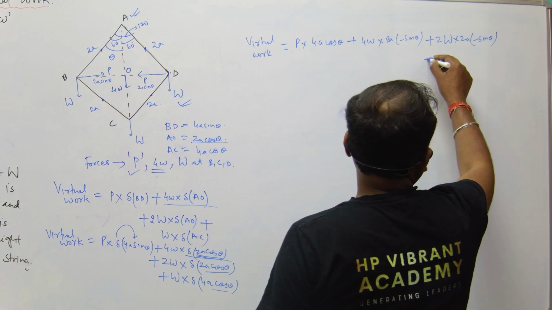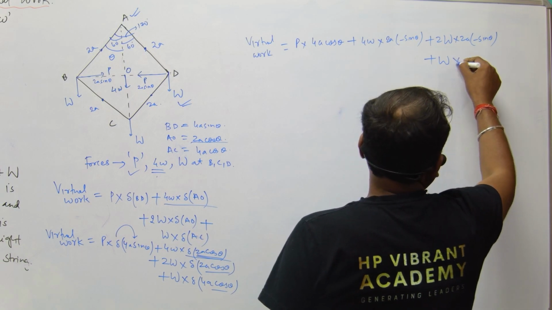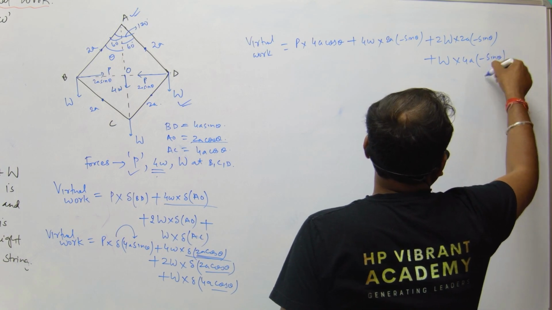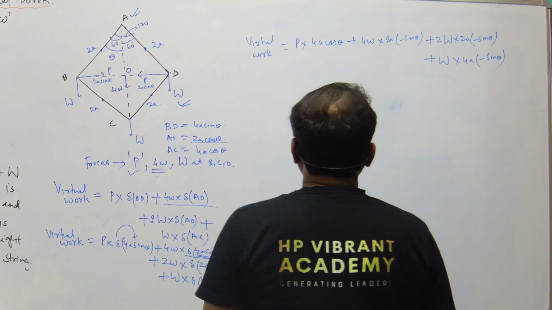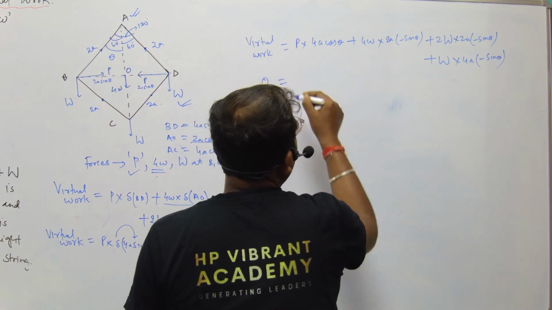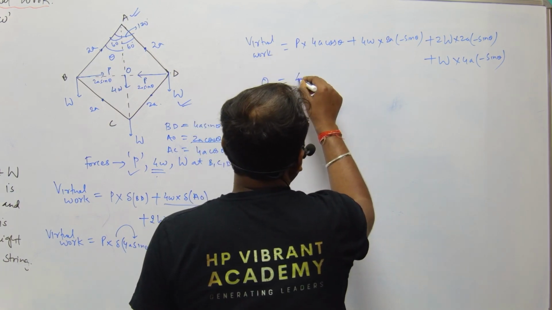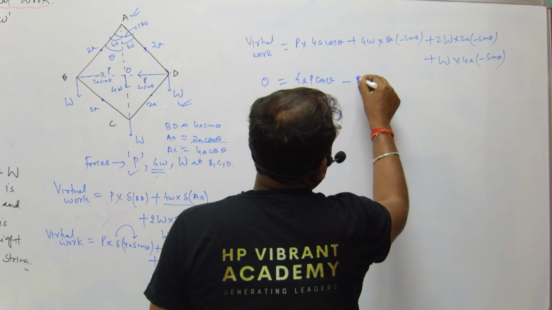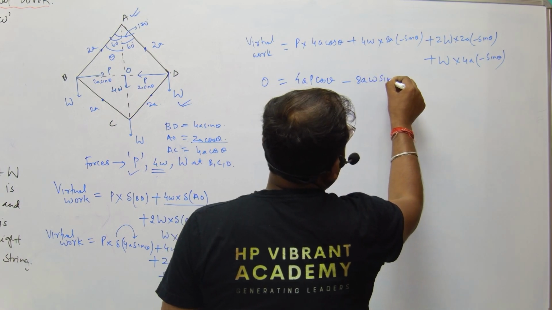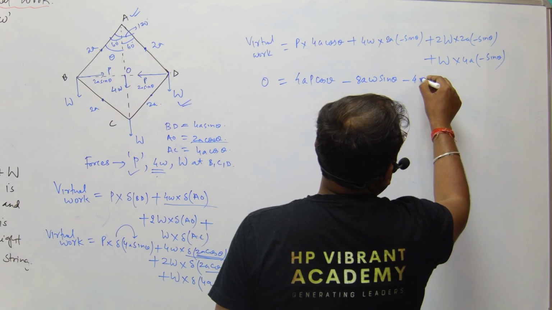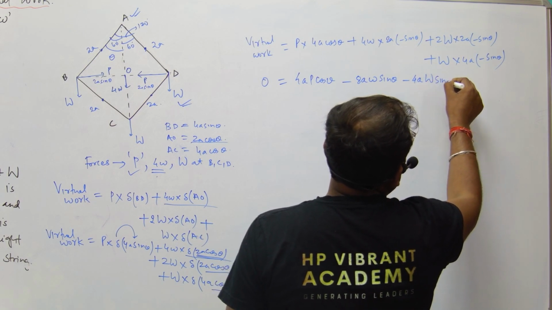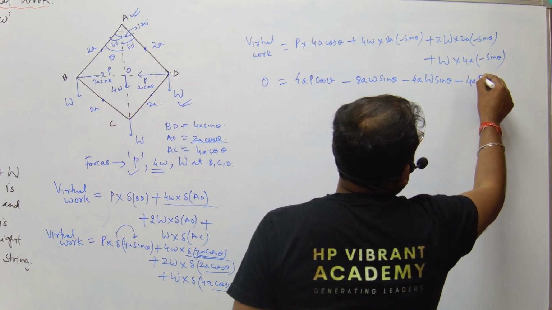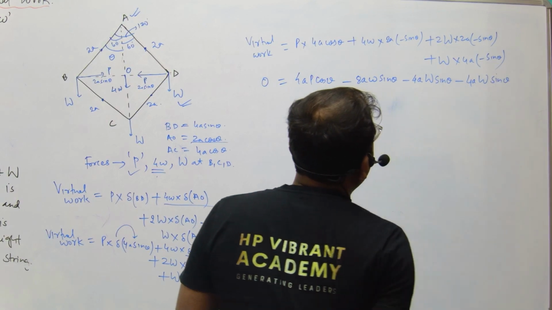Okay, plus capital W times 4A into the change in cos theta, which is minus sin theta. Okay, and as per the principle of virtual work, this value is 0. So 0 is equal to, okay, this is 4A P cos theta, this is minus 8A W sin theta, this is minus 4A capital W sin theta, this is minus 4A capital W sin theta.